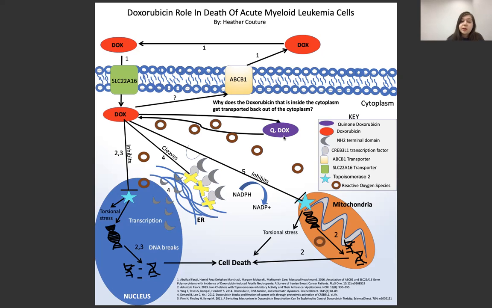A third thing dox can do in the cytoplasm is directly inhibiting topoisomerase 2 in both mitochondria and nucleus. And this is a problem because one of topoisomerase's main roles is in DNA repair.